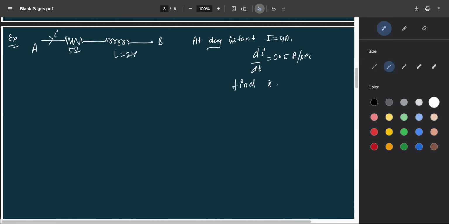Look, let's do one thing. Find VA minus VB. Can you calculate this, Krishna? Let me know the answer.